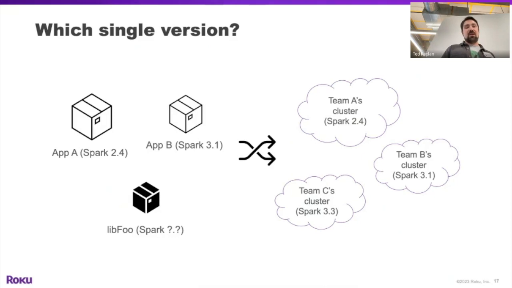Our company has a whole mess of Spark clusters with different versions. That is, a dependency closure that we just are not in control of. So it is not possible for us to force a single version policy here. And this is particularly troublesome for common libraries, which you may want to include in different apps that run on different Spark versions.